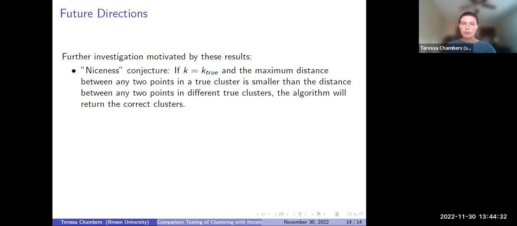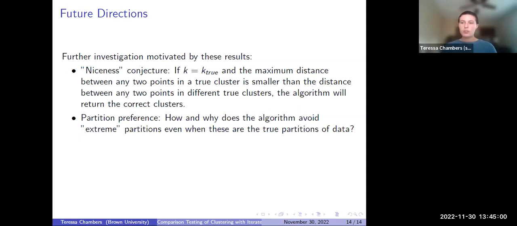So that's something I'm going to be looking to prove. Initially, my conjecture is that the maximum distance between any 2 points in the same cluster needs to be smaller than the minimum distance between any 2 points in different clusters. But that might need to be revised to just find some bound, any bound.